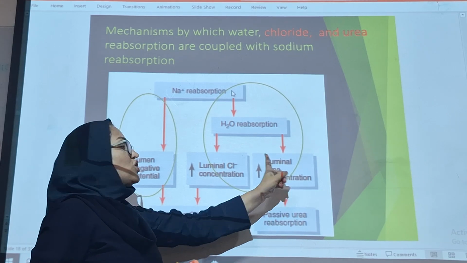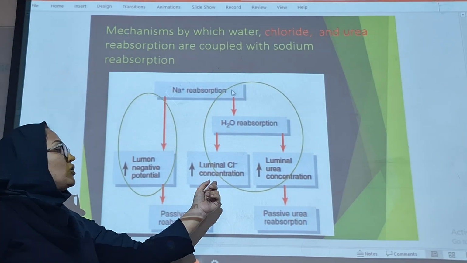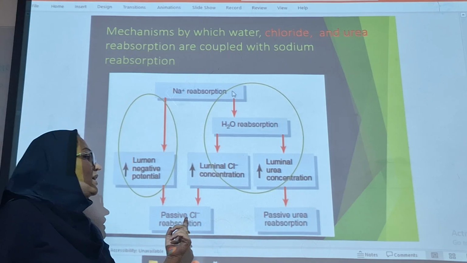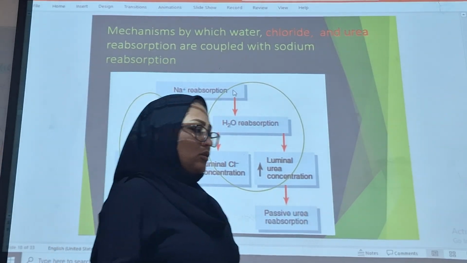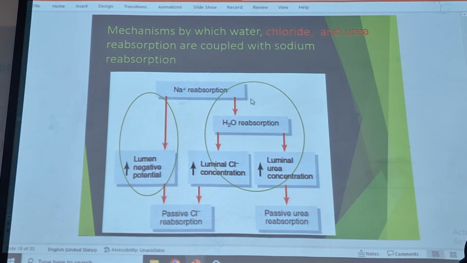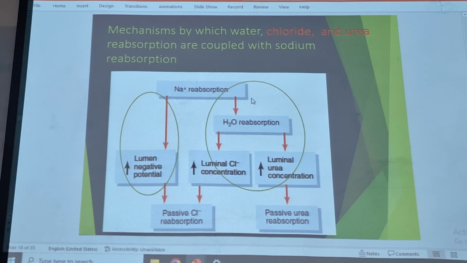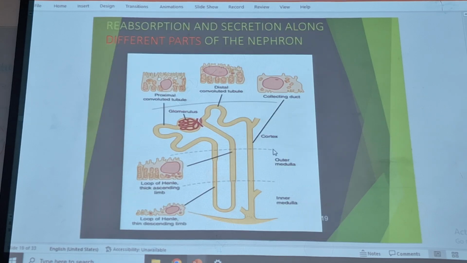Urea concentration increases and chloride concentration increases. It causes both to be reabsorbed, but passively. No question? Why would urea increase? We need urea for the formation of concentrated urine. Why would it increase there? Let me talk about that tomorrow. We will talk about urea in more detail.